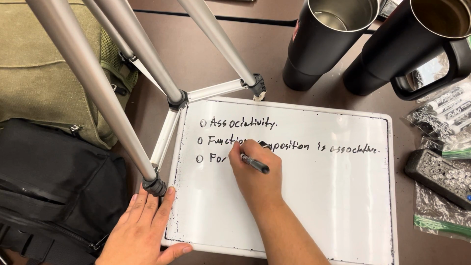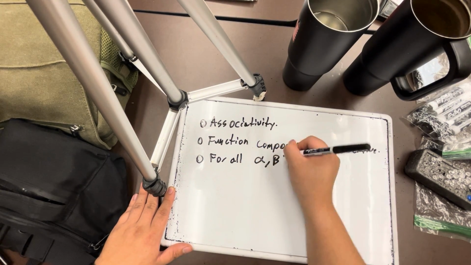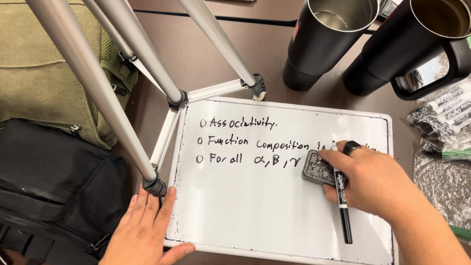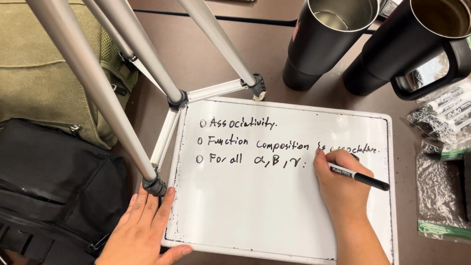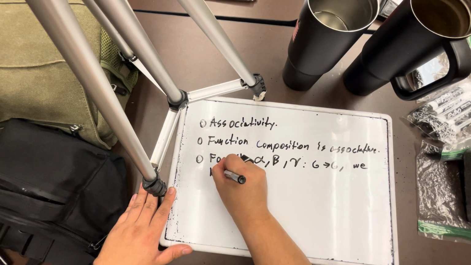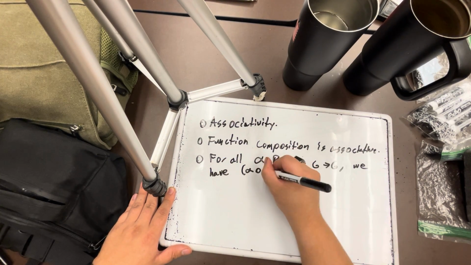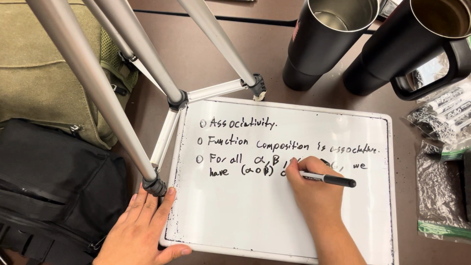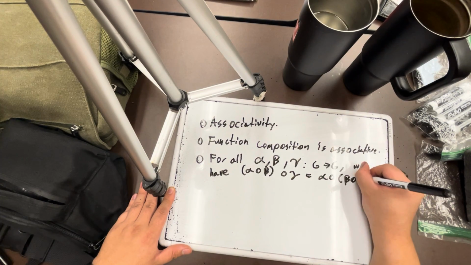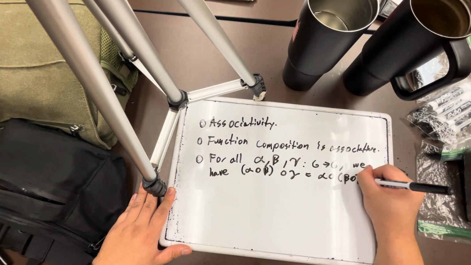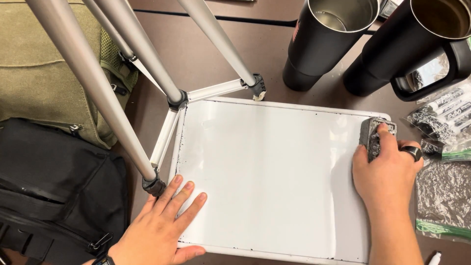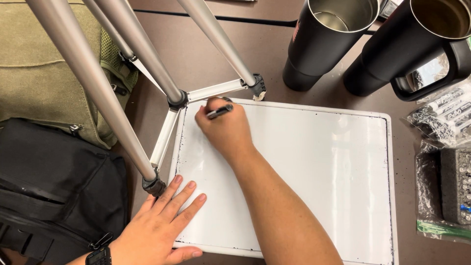For all alpha, beta, gamma, maps from G to G, we have (alpha composed with beta) composed with gamma is equal to alpha composed with (beta composed with gamma). So yes, it is associative. Now, let's get into the identity element. Check that out.